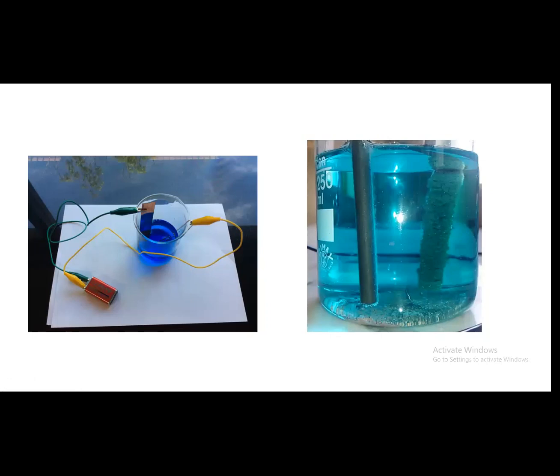Remember, we break down compounds when we pass electricity through the compound. Electricity is passing through the copper chloride solution in this beaker. Remember, a beaker is a jar. And when electricity is passing through the copper chloride solution, it's breaking copper chloride into copper and chlorine.